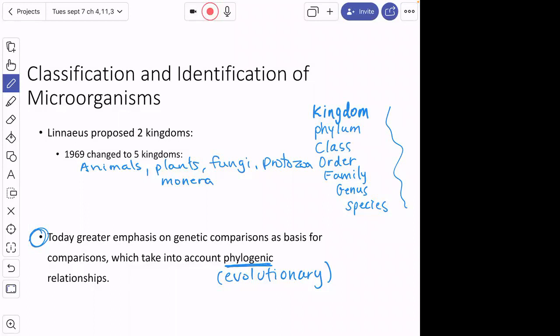A practical application of phylogeny is that you may have heard the debate in the media about SARS-CoV-2 and where it came from. There are people trying to figure out exactly when the coronavirus that we're dealing with right now mutated, or what we would say spilled over.